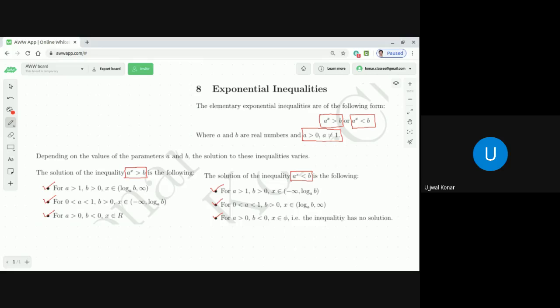That means the inequality a^x < b, when a > 0 but b < 0, has no solution. Obviously. Think about 2^x < -5, it doesn't have any solution. Anything to the power x has to be positive when this is a real number. 2 to the power anything has to be positive.